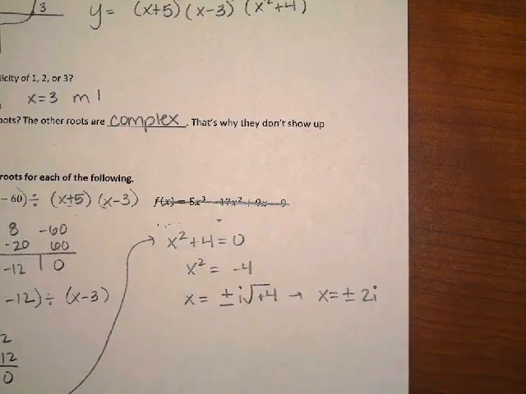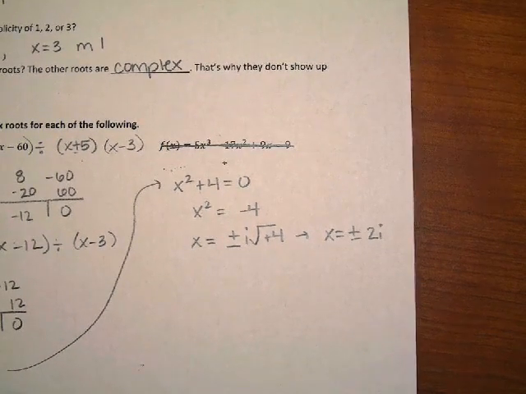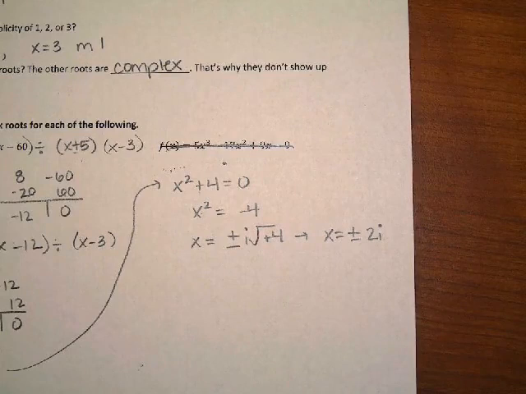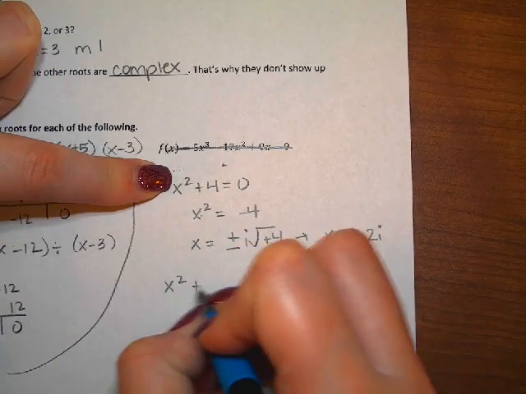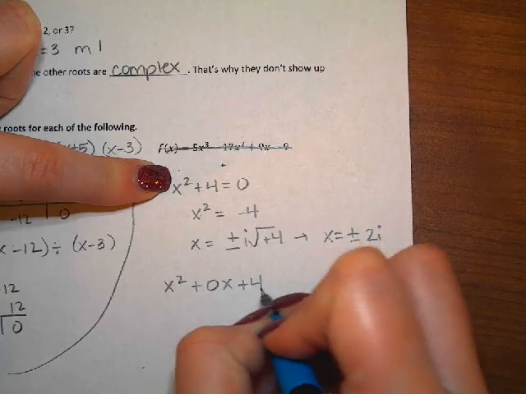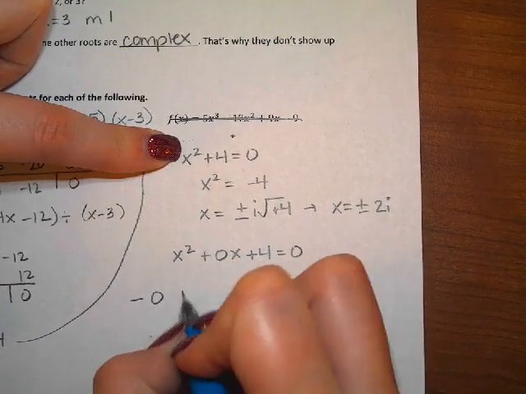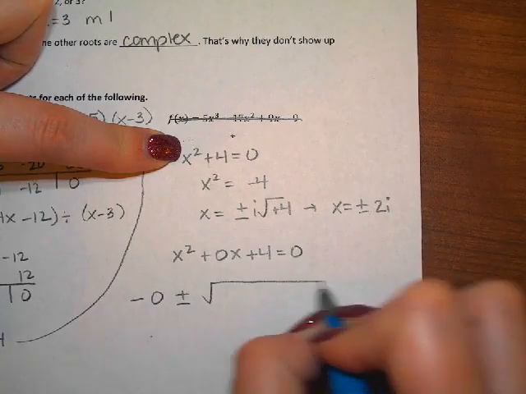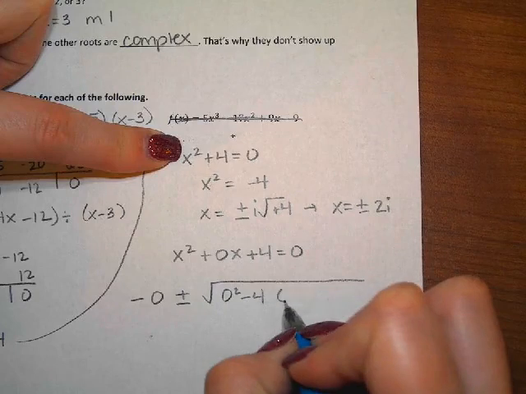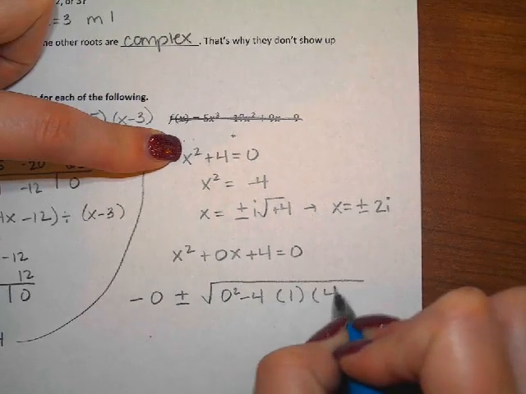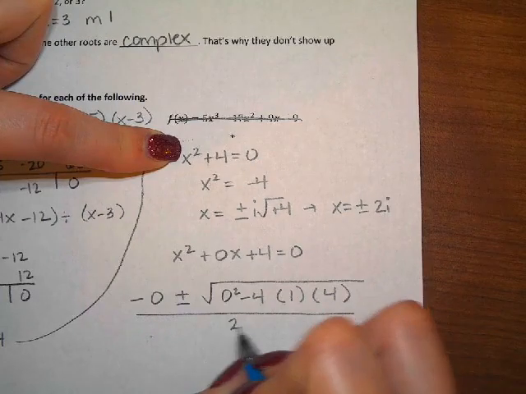So that's one option. The other option is maybe not to recognize that that was a simple way to do it, and then just do the quadratic formula. So if we were to do the quadratic formula, then we would say negative b plus or minus the square root of b squared minus 4 times a times c, all divided by 2a.